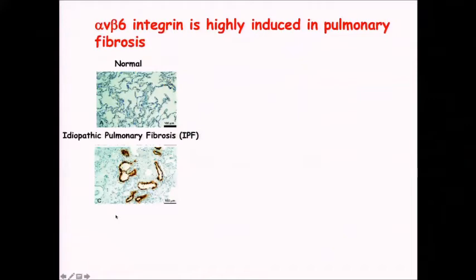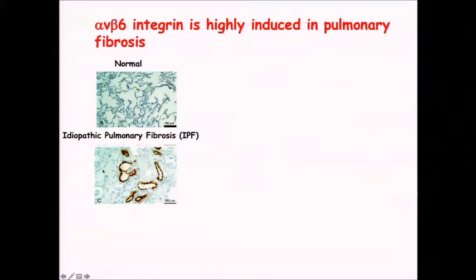And this integrin actually turns out to be an attractive target for several reasons. One is that it's expressed in normal lung epithelium, but at very low levels. And in settings of tissue fibrosis, for example, in this patient with idiopathic pulmonary fibrosis, the epithelial cells overlying pathologic regions have enormous upregulation, 50 to 100-fold upregulation of the protein.